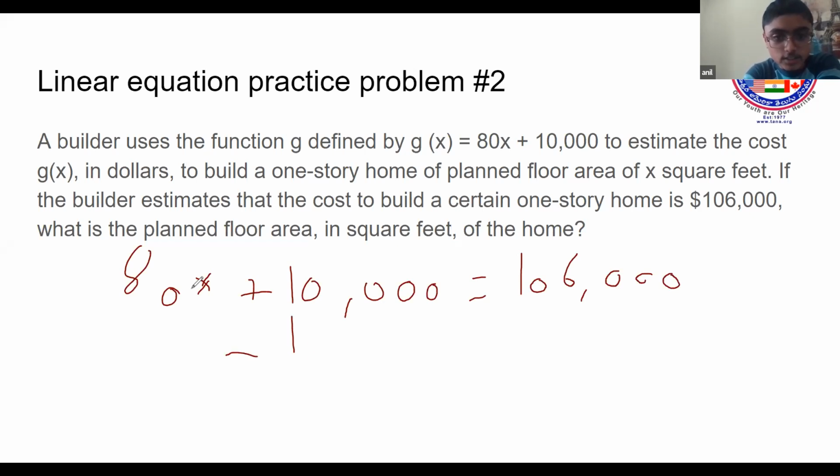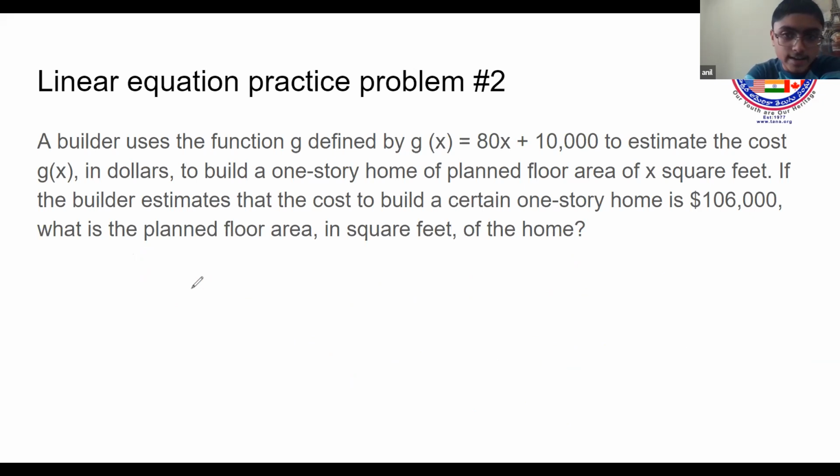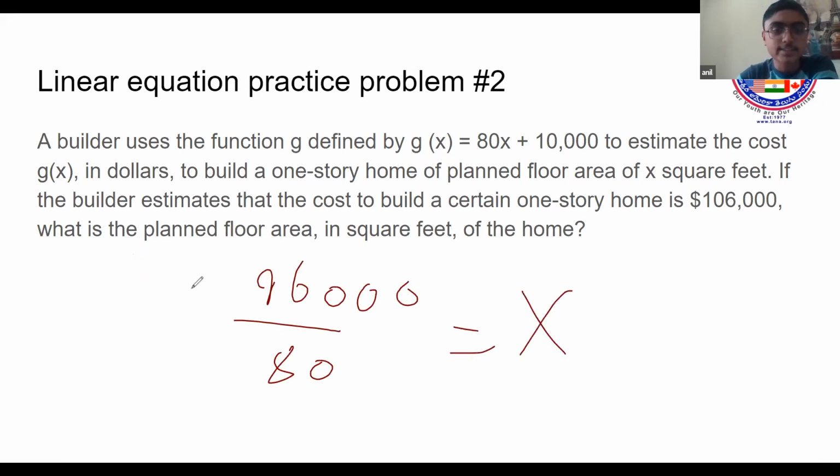Then you subtract 10,000, simply because that doesn't have a variable, from 106K, and you get 96K. Then you take the 96K and divide by 80, because you're isolating for x. If you do that, you should get 1,200.